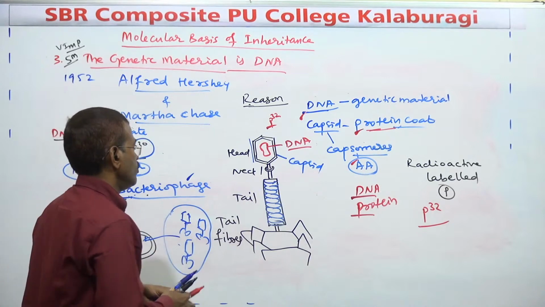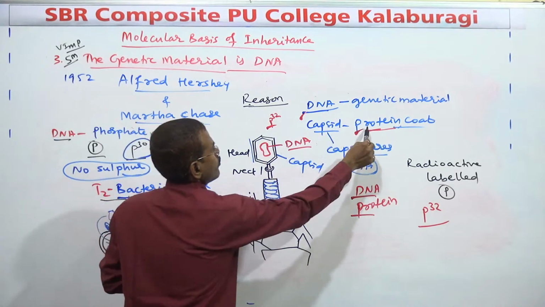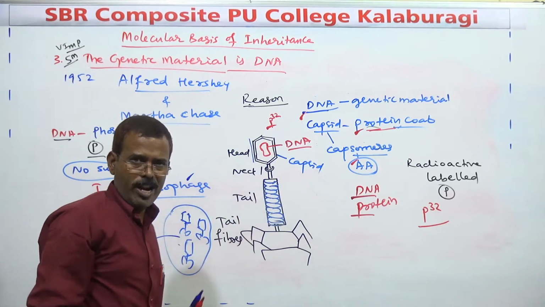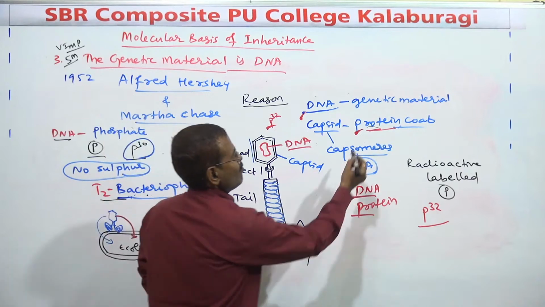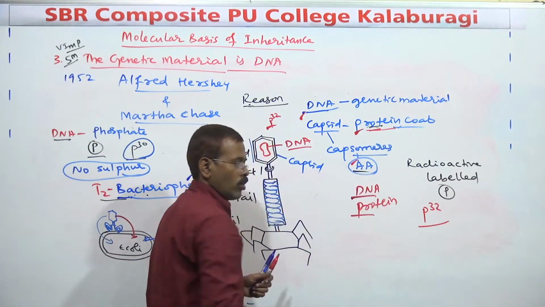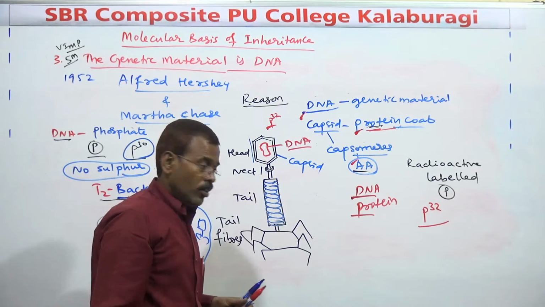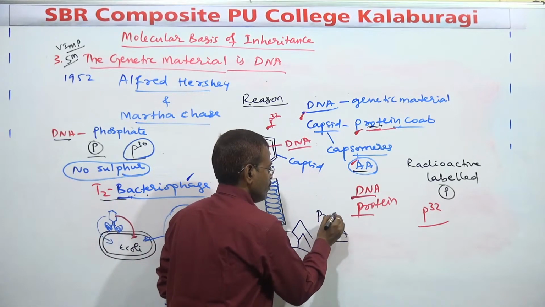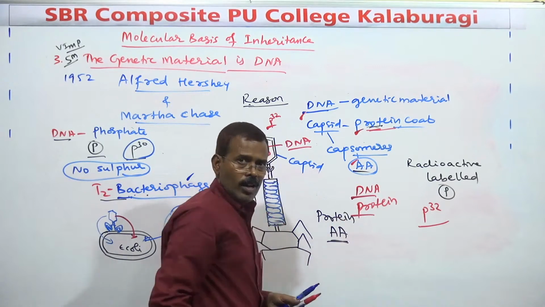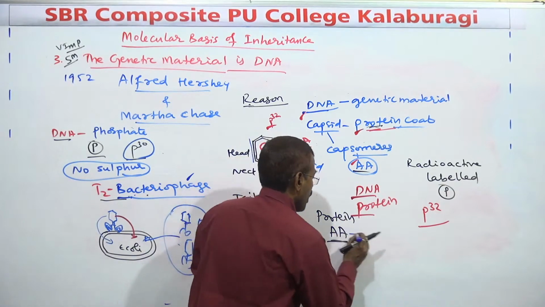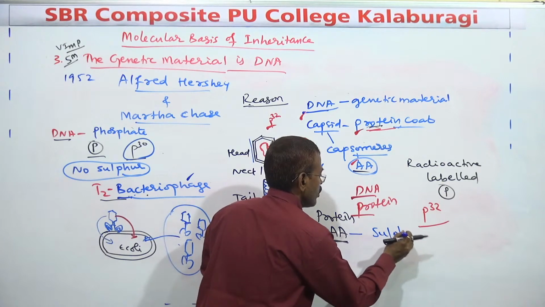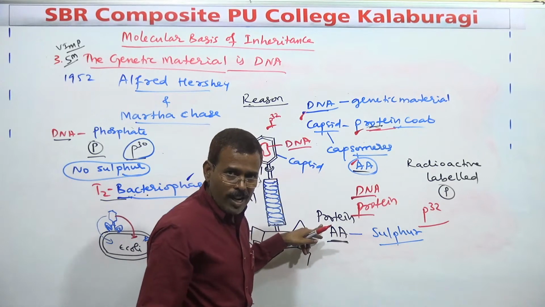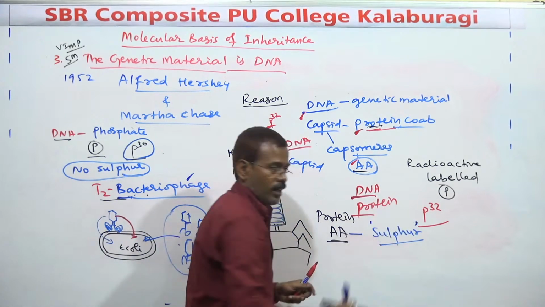Now, the protein part, the remaining part, is mainly composed of protein. Protein is made up of amino acids. The amino acids present in the protein can have sulfur.